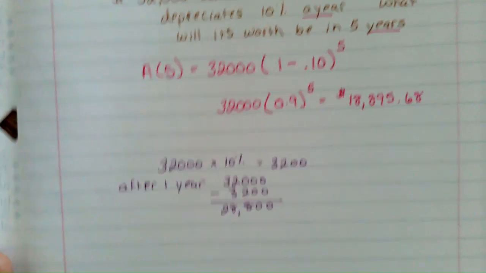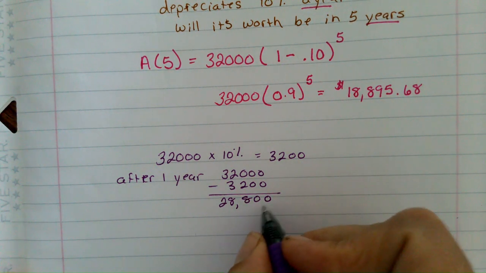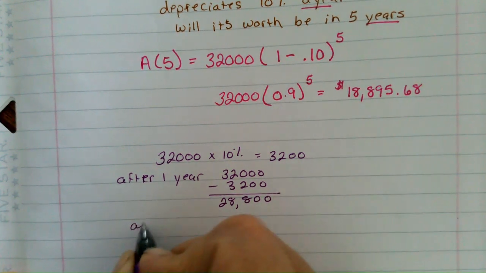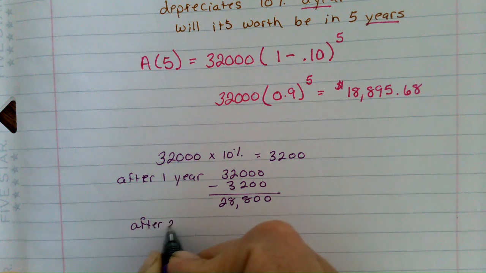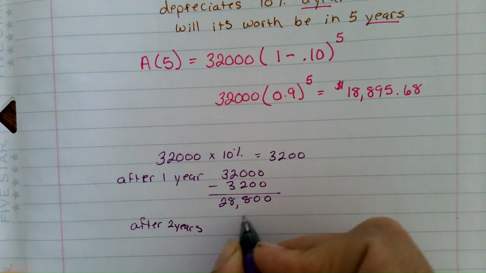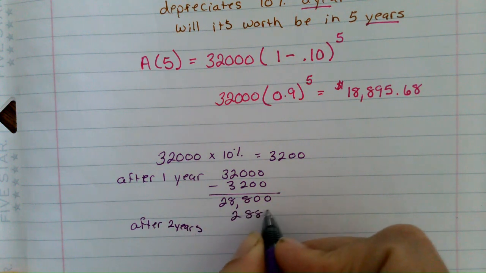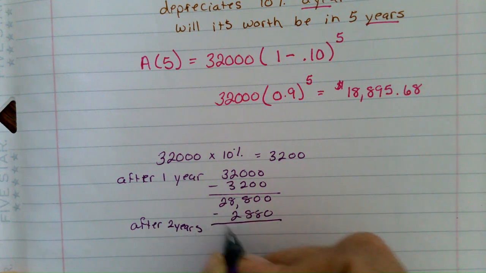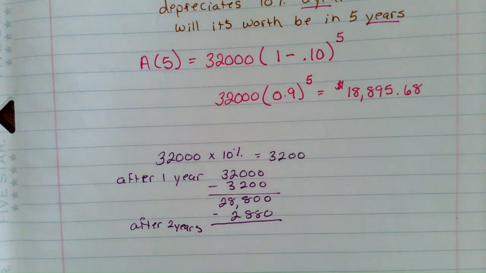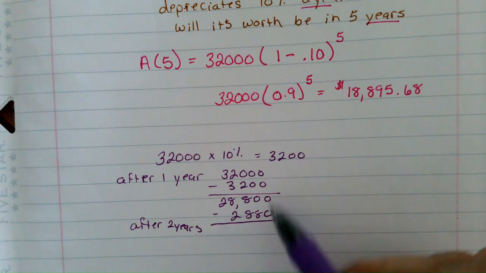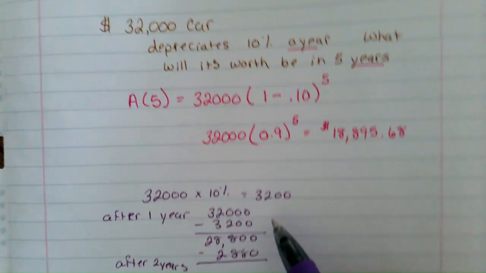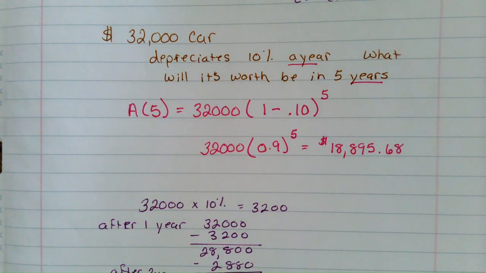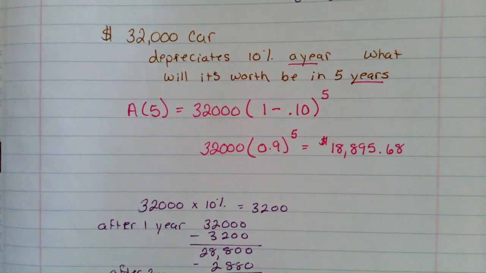Yep. So that would be after 1 year. Then you'd have to take off 10% of that. After 2 years, this time we'd be subtracting 2880. Okay, so on and so forth. We'd have to do that because you lose less in your second year than you did your first. The formula is a much more efficient way. So please keep that in mind.